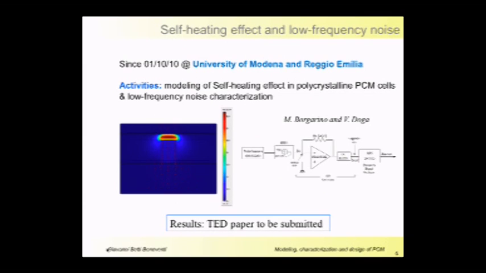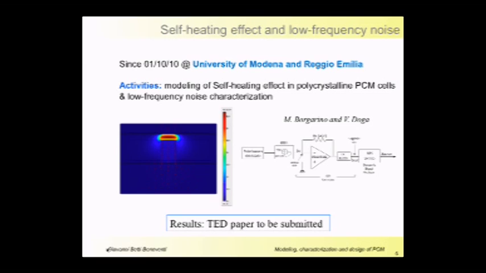Back in Modena in October, I started mainly two projects. The first one is the modeling, by means of analytical methods and FEM simulation, of the self-heating effect in polycrystalline PCM cells. And the second one is a characterization study of low-frequency noise processes in phase change devices integrating novel phase change materials.